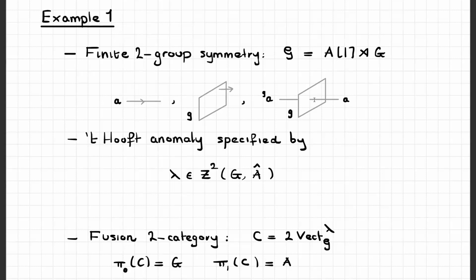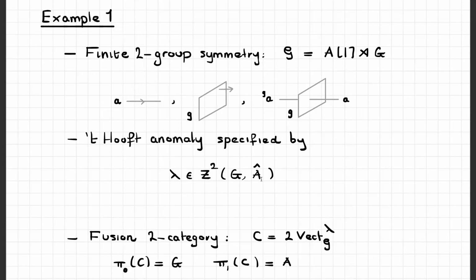So you've got an incoming line A, the surface acts on it, and it spits out an outgoing line A acted upon by G. And I'm going to look at a particular 't Hooft anomaly. There are lots of 't Hooft anomalies you might imagine in the setup. I'm going to look at a specific one that's specified by a group two-cocycle lambda on G with coefficients in A hat.